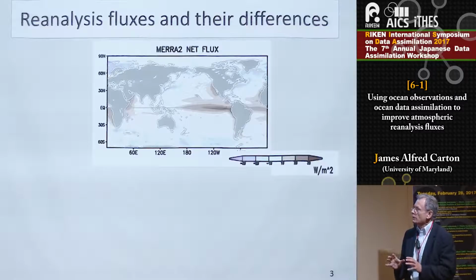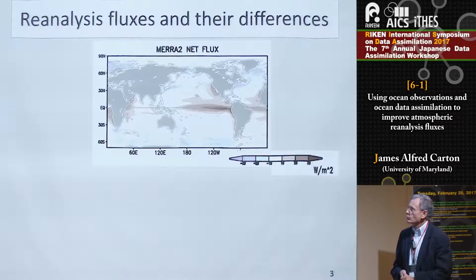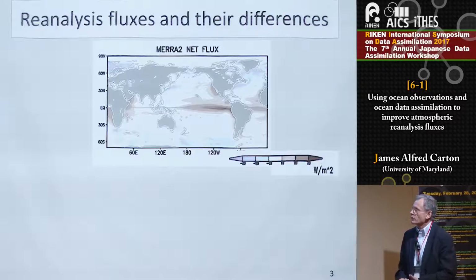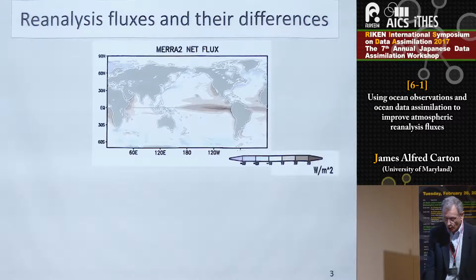Atmospheric reanalyses refine the state of the atmosphere based on a whole series of satellite and in situ observations. And surface fluxes are really the residual of the internal energy budget. This is an example of time mean surface heat flux from the MERRA-2 reanalysis.